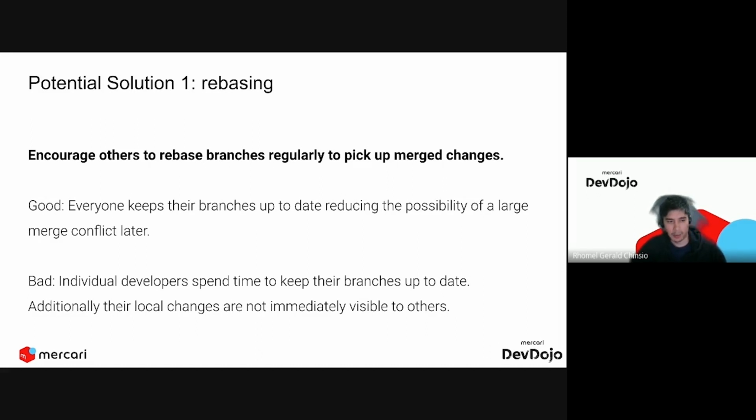So let's say every day before you start working, you rebase to whatever is on the main branch and pick up all those changes. So obviously, the good thing is that you're up to date and you won't have that many conflicts when you do actually want to merge. But now you have this regular routine task of rebasing your branch routinely. That's a lot of busy work.